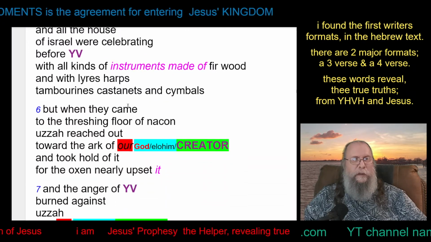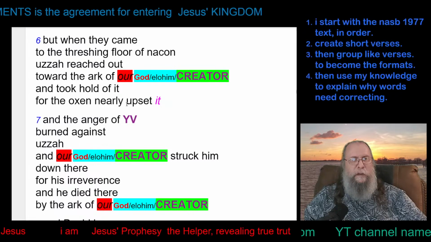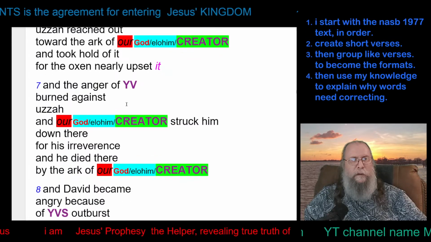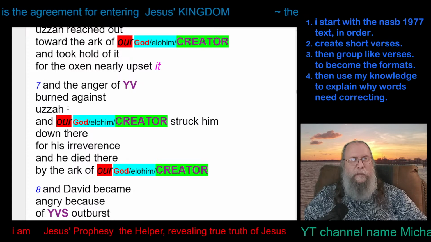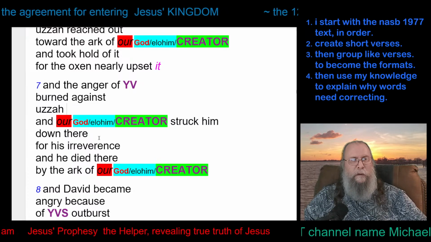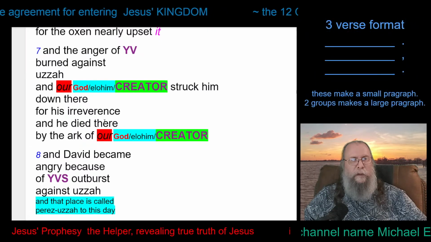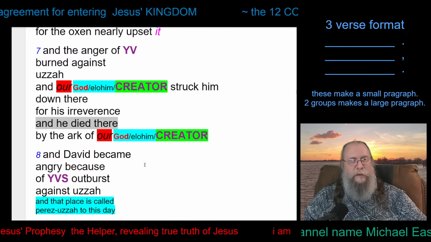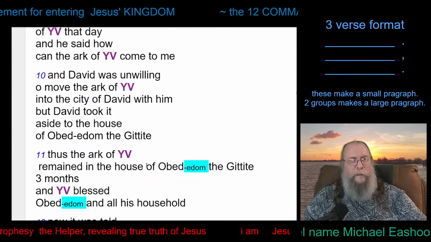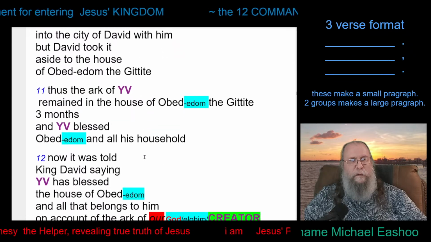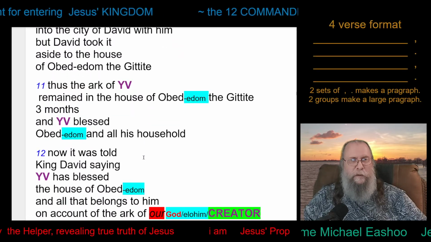David was behind. This is not needed. But then again, was struck down, and he died. So this is all out.